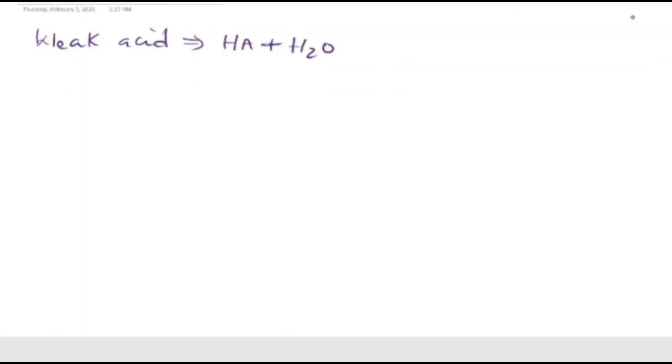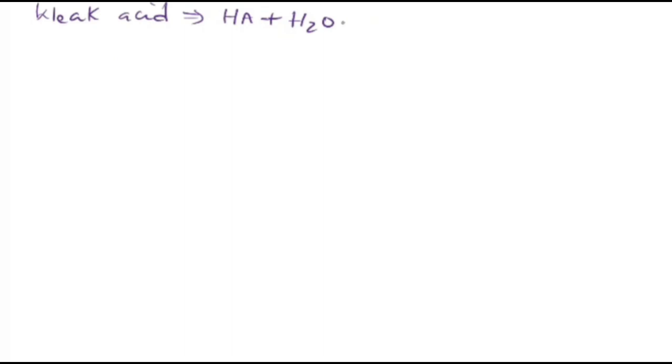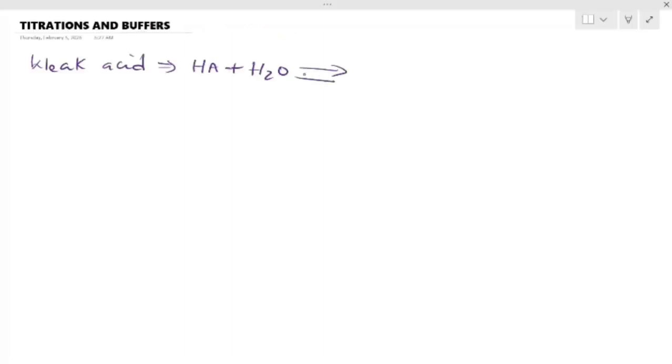We said that there's a general reaction for a weak acid, which includes HA, the generic form of the weak acid, plus water, and that gives you this reaction right here: hydronium ion plus A minus. So A here is generic. It is for any species.